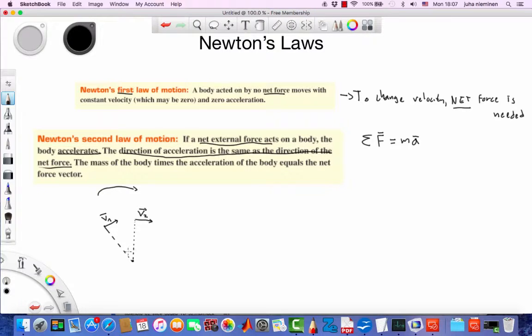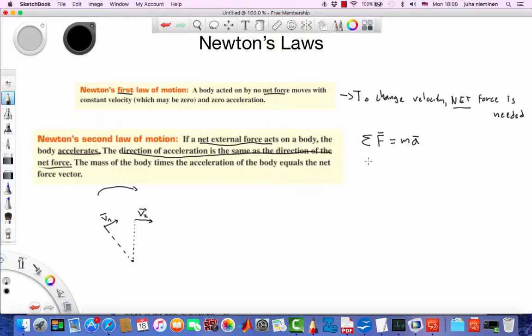This is crucial to understand: when we're talking about change of velocity, velocity is a vector quantity, so it has both direction and magnitude. When either one of those changes, there will be acceleration. So although this object is moving at constant speed on this trajectory, it has acceleration because the direction of the velocity changes.